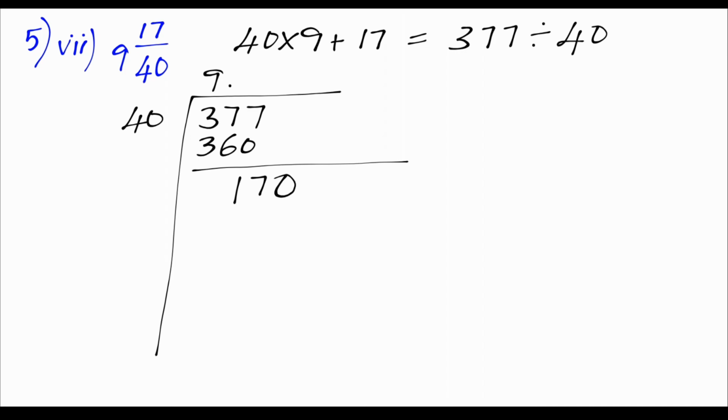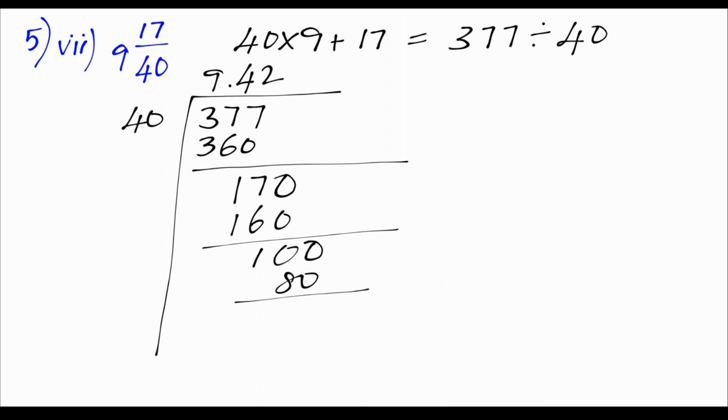So 40 4s will be 160. So the remainder will be 10. And again I am adding 0. So 40 2s are 80. So our remainder will be 20.